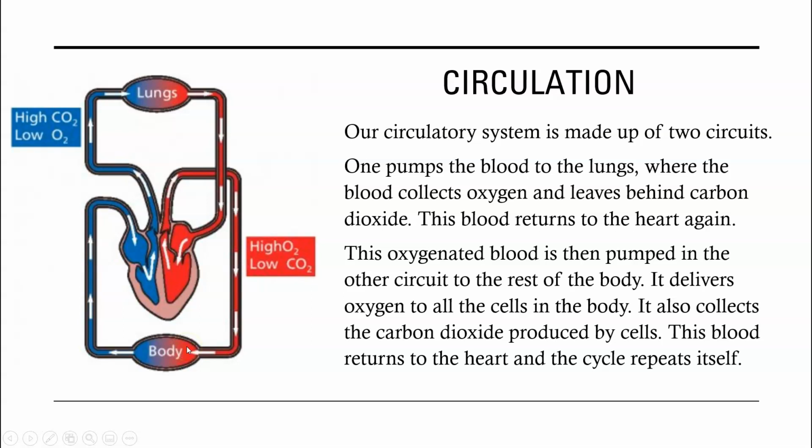Respiration occurs in our body cells. Carbon dioxide is then taken back into the blood and pumped all the way up into the heart to be pumped back around to the lungs again to be oxygenated.